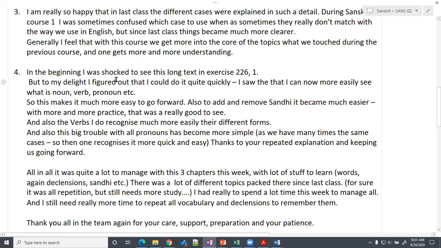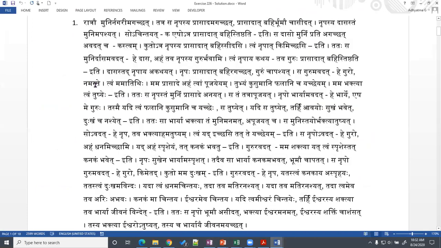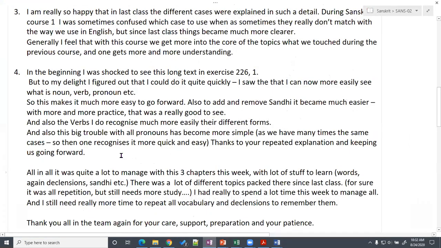I'm very happy to hear this kind of comment, and that tells you, if you think about it, how would you have thought before you started this course that you could handle this kind of paragraph in Sanskrit in Devanagari. And this person who is writing this was not from an Indian background, so did not know the vocabulary much or the Devanagari script much.